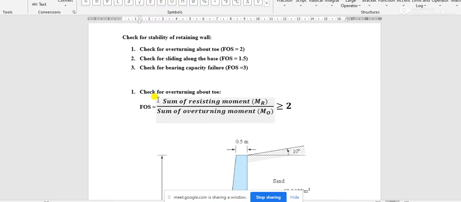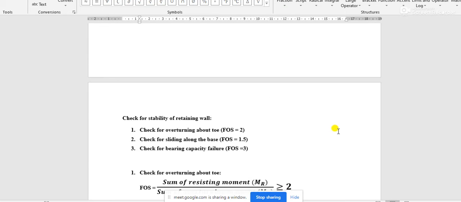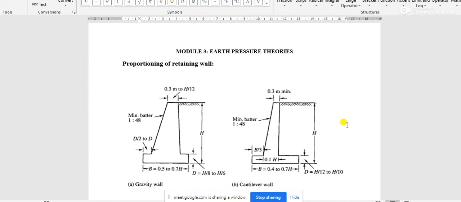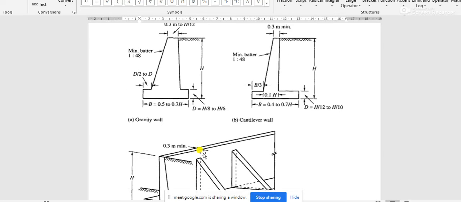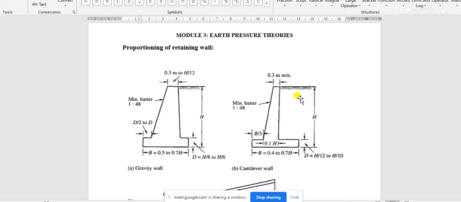The overturning occurs due to moment, because this is not a straight force; this kind of rotation can occur only due to moment.